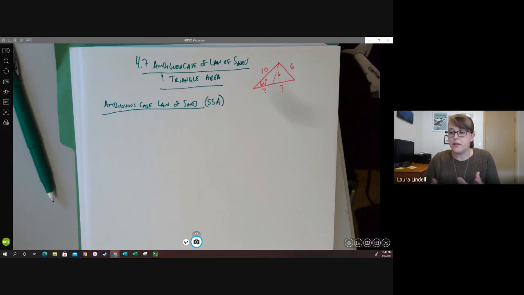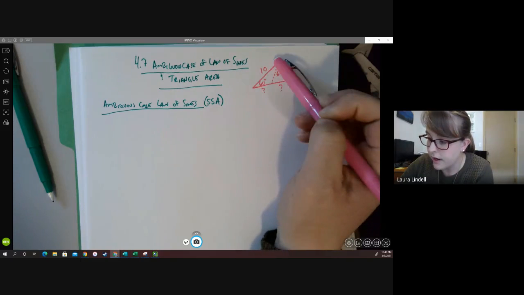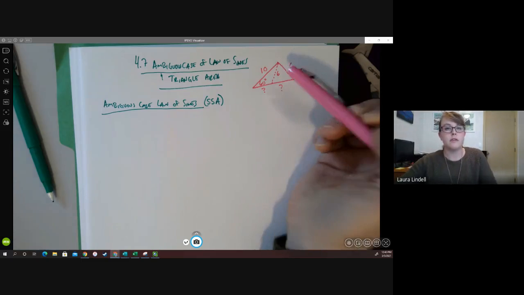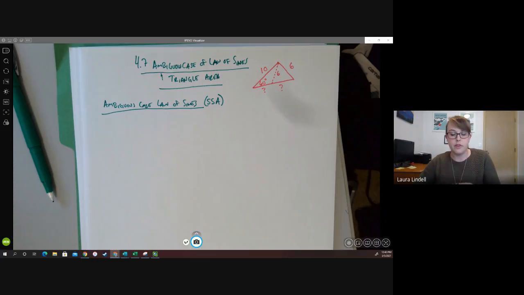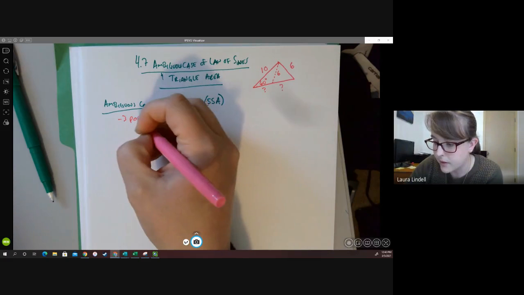The ambiguous case of the law of sines covers the situations where we end up with 2 triangles. And it also covers cases where you end up with no triangle or 1 triangle. So there's 3 possibilities here, and that is why it is ambiguous.